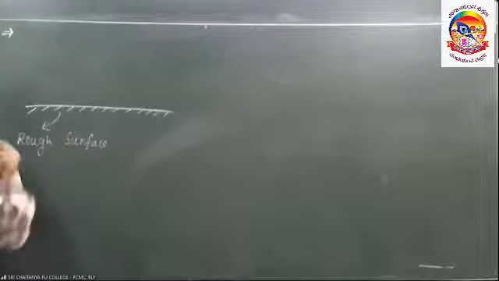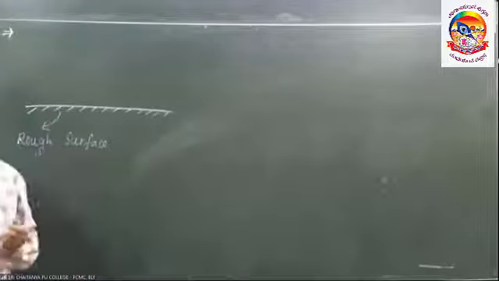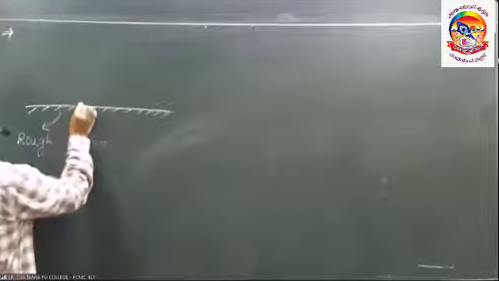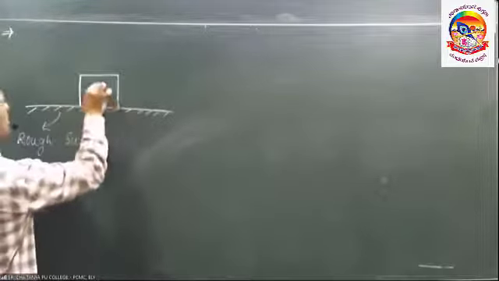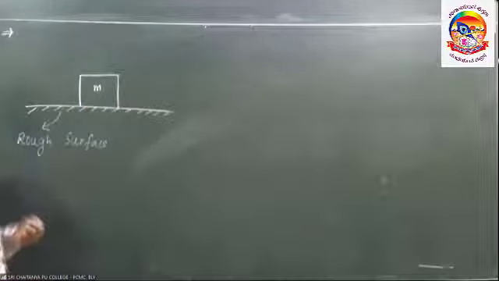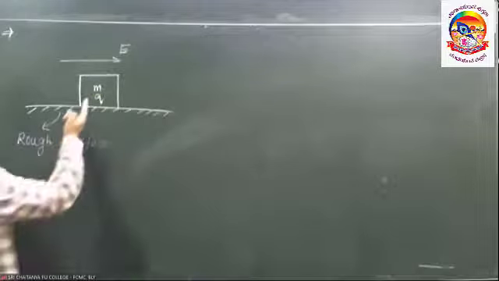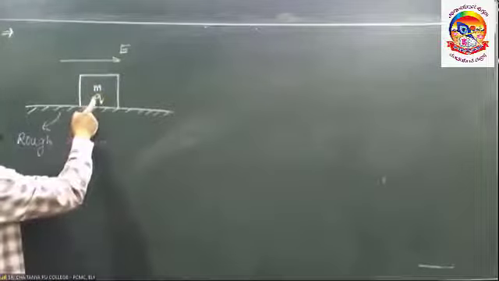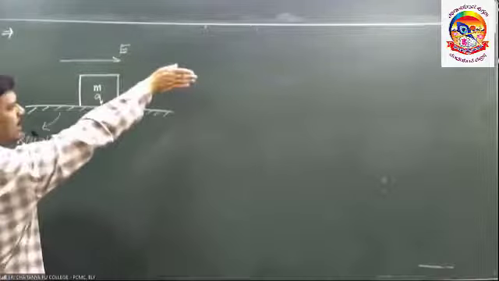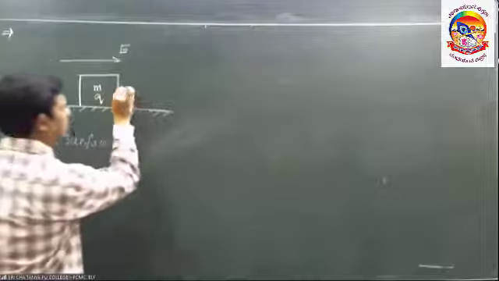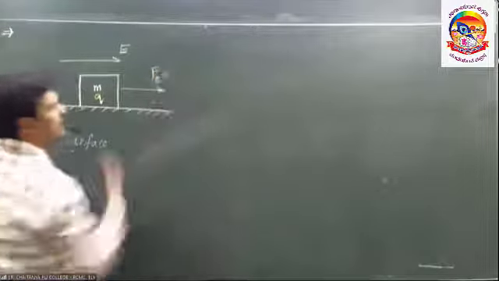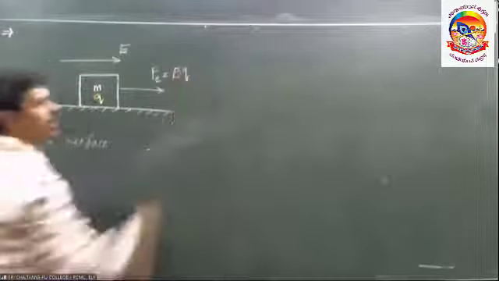Wherever a rough surface is there, immediately the idea should come to your mind that friction acts there. A block of mass m is placed on the rough surface. Whenever the electrostatic field is applied, this block experiences a force in that direction because it has charge. So a force acts in this direction due to the electrostatic field. How much? We know, EQ.